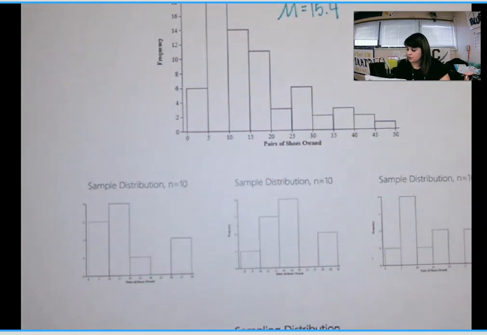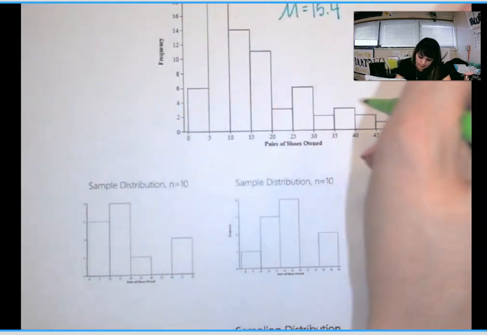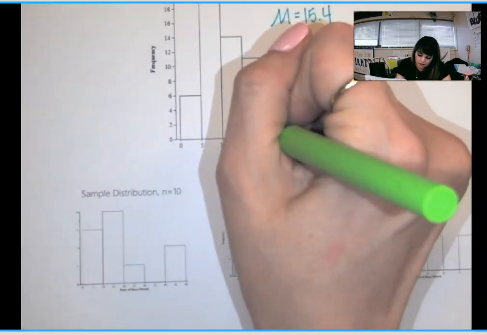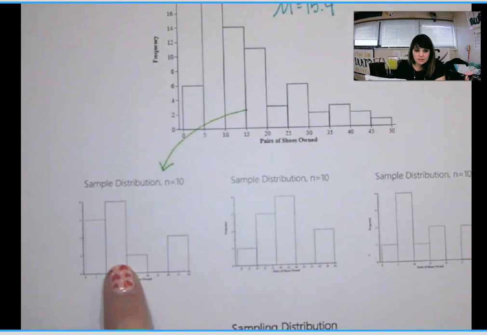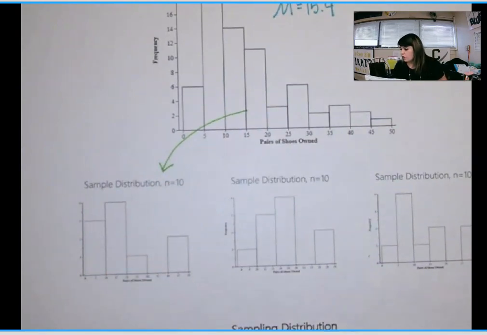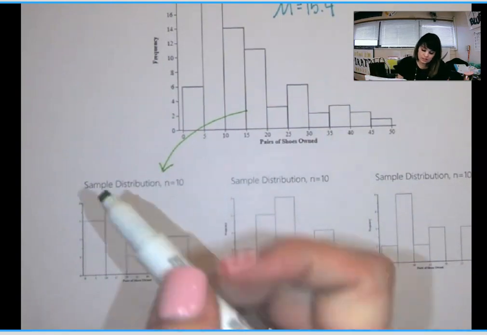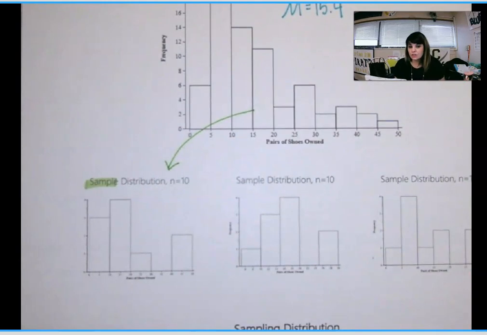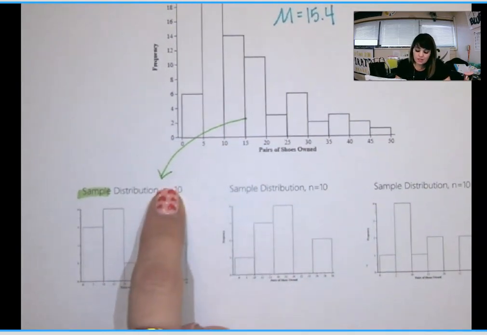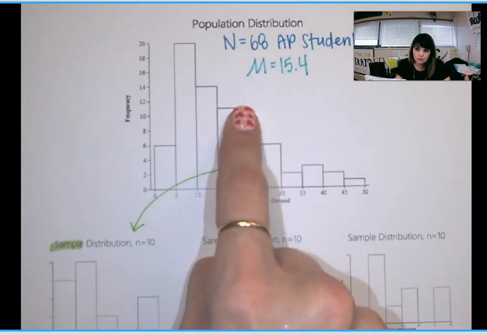Our first sample may look like this. Notice this is a sample distribution. This is one sample of 10 students, and these 10 students come from this group.